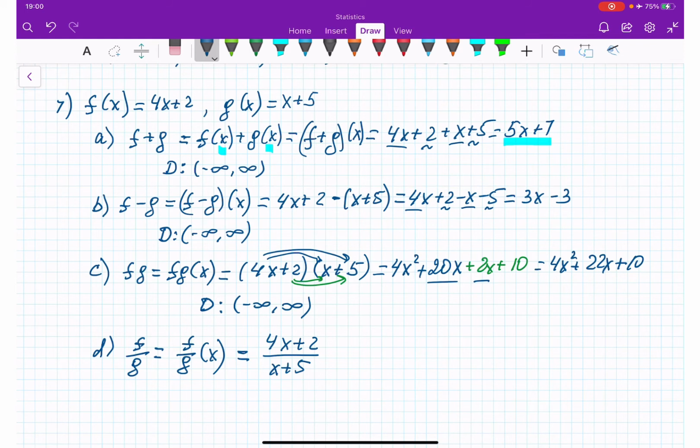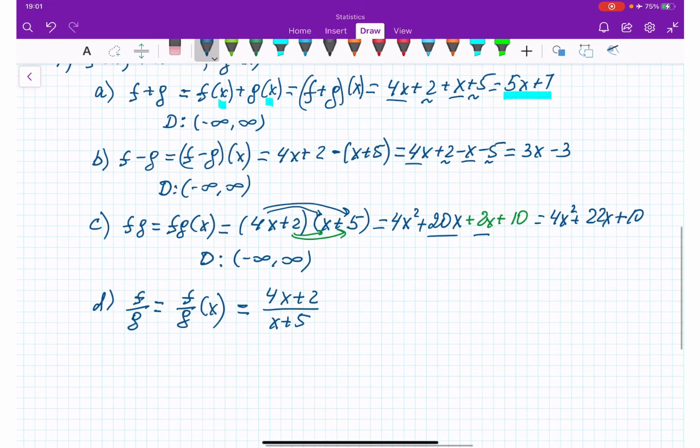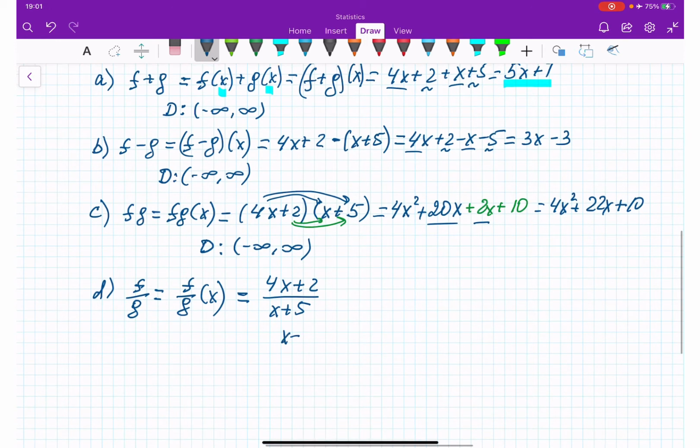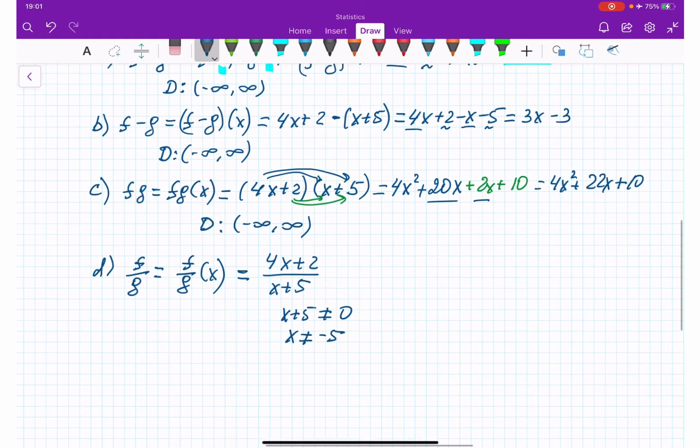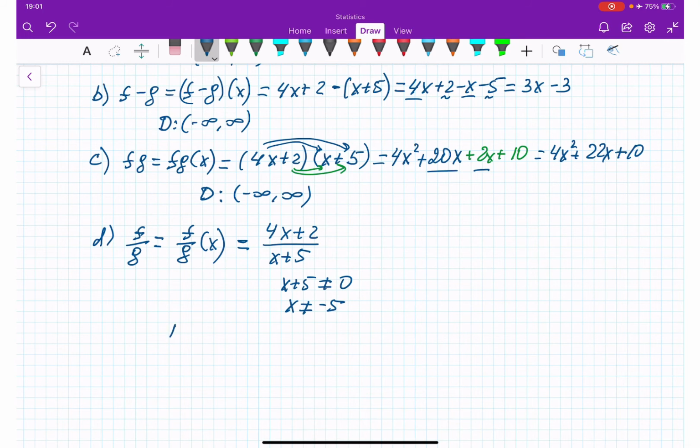Here we have division, which means for domain x plus 5 cannot be equal 0, which means x cannot be equal negative 5. Yes? Okay, so domain for this case is going to be negative infinity to negative 5, and negative 5 to positive infinity. All right. Next one.